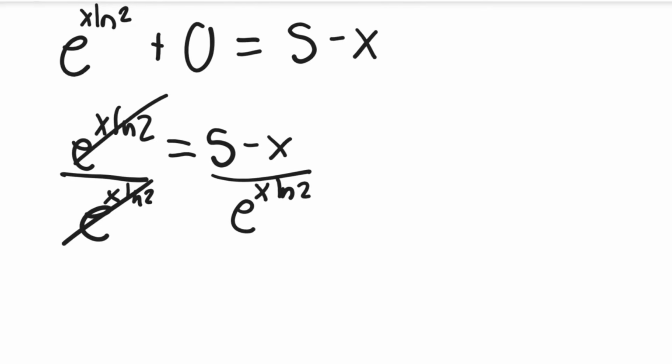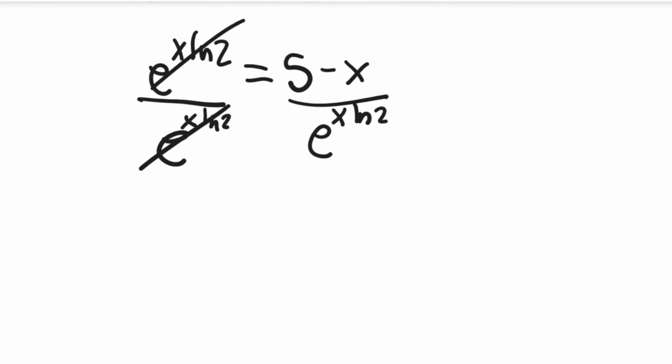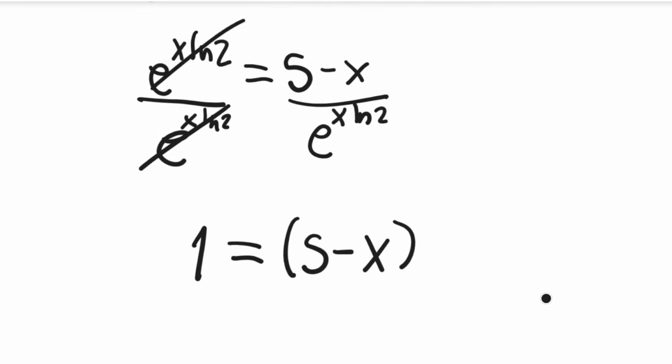And I want to express this in the form of a negative power. So this is going to be 1 is equal to, in braces, 5 minus x times e to minus x natural logarithm of 2.